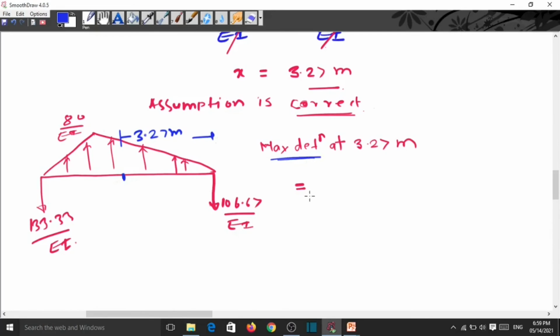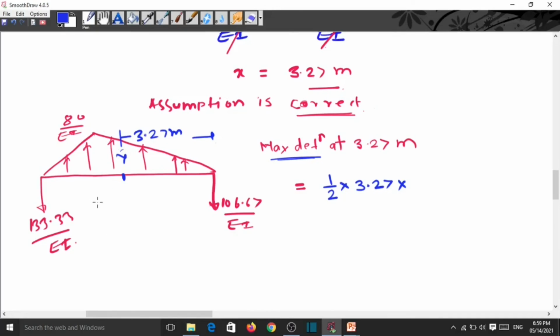So that is equal to 1/2 base, this force creates the sagging bending moment, base is 3.27 into the height y.